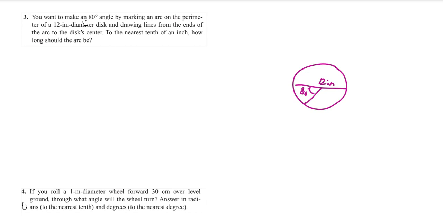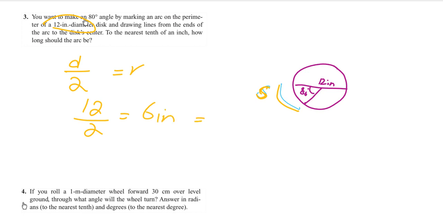So now over here, you need to find that arc length. They have already mentioned the diameter. You need to take out the radius from it. You will get the radius, that's 6 inches.